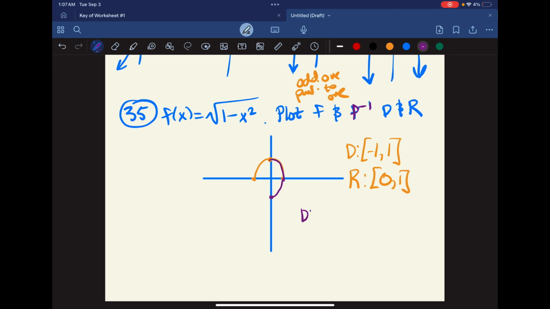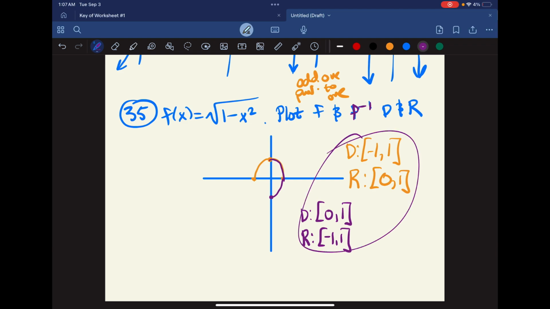And the domain of this would be 0 to 1 inclusive, and then the range would be from -1 to 1 inclusive. So it would just flip-flop around, which is actually a general feature of inverses. The domain of your base function is the range of your inverse function, and the range of your base function is the domain of your inverse function.